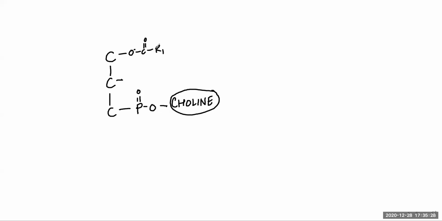Now what had we written here? C double bond O R1, meaning it is one acid, it could be any acid, and here it could be any acid. If both of them are palmitic acid, how many carbon atoms does palmitic acid have, children? It is given in NCERT.